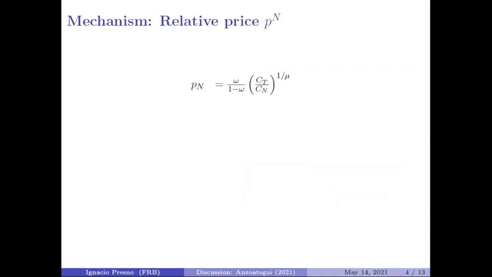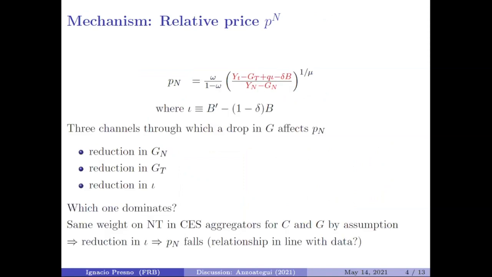Now the next question is, how is fiscal policy able to affect this relative price? To do that, we're going to look at the intratemporal optimality condition for households. We're going to replace consumption of tradables and non-tradables by their respective resource constraints. This equation is going to be important. We see here that the relative price of non-tradables is affected by a drop in government spending through three different channels. First, a reduction in non-tradable spending, then a reduction in tradable spending, and then a reduction in IOTA, which is the debt issuance.